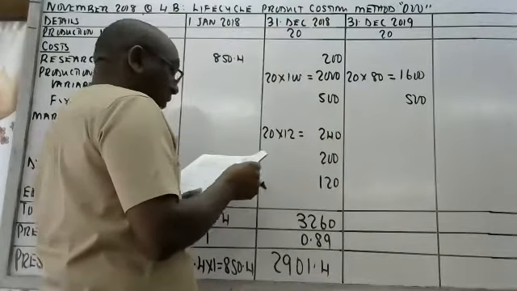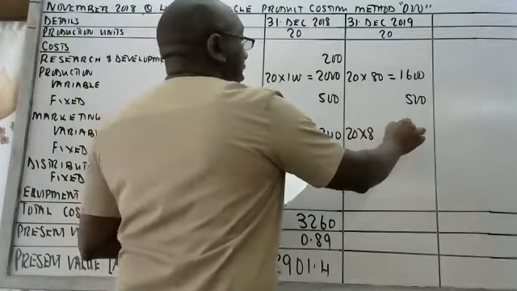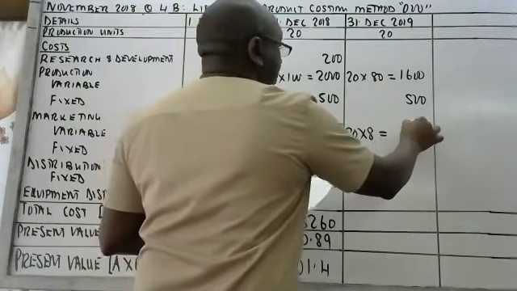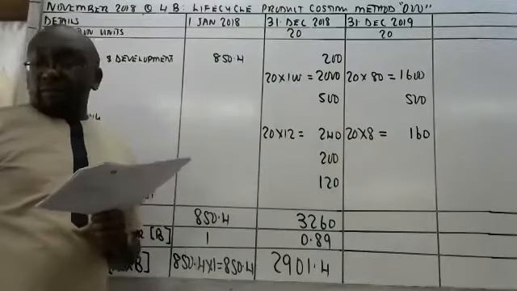Then the marketing is 20 times 8. That should be 160. Is that so?